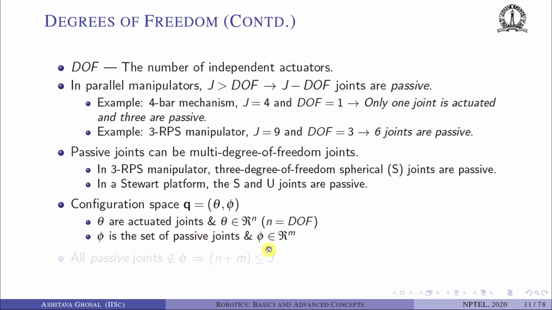Phi is the set of passive joints, and phi could be m of them. So all passive joints phi, and n plus m is less than or equal to j. Sometimes we will see later that all the joints need not be passive. They need not appear in this m-dimensional space of passive joints. Hence n plus m is less than or equal to j.